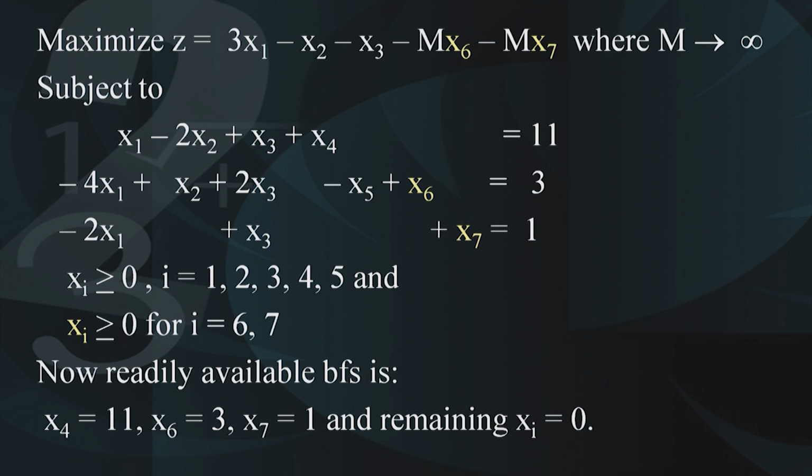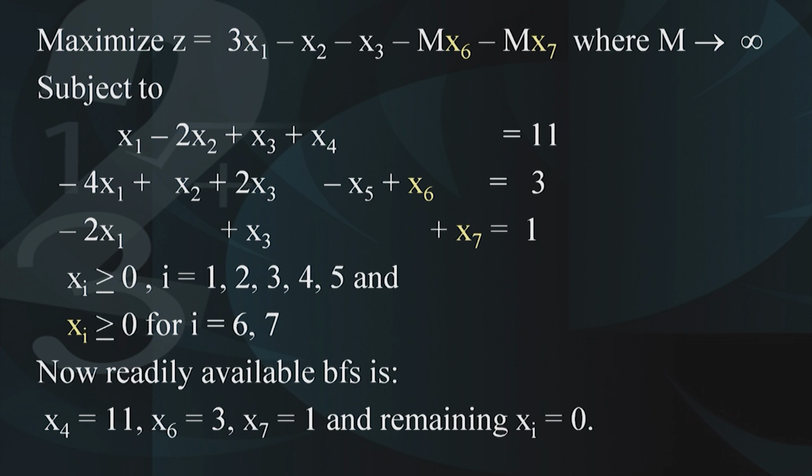Now, you will observe the first equation is as it is: x1 minus 2x2 plus x3 plus x4 is equal to 11. The second equation: minus 4x1 plus x2 plus 2x3 minus x5 plus x6 is equal to 3.